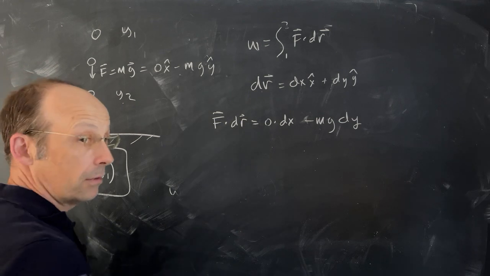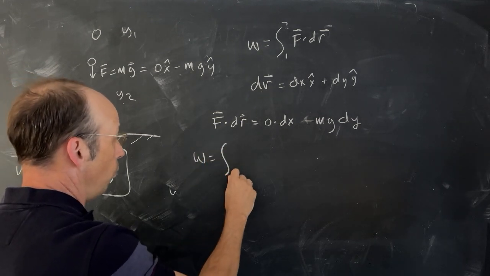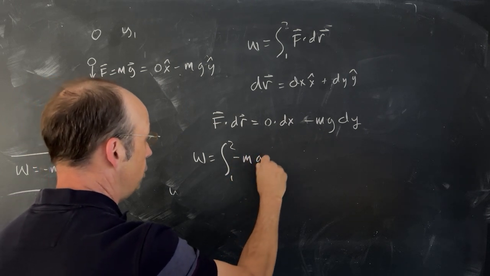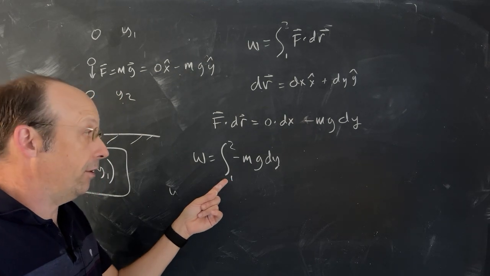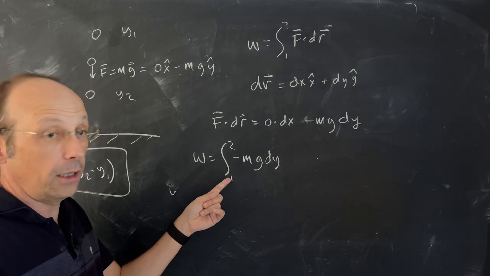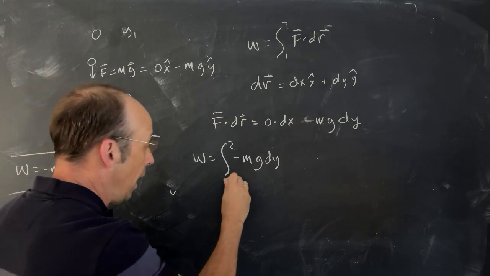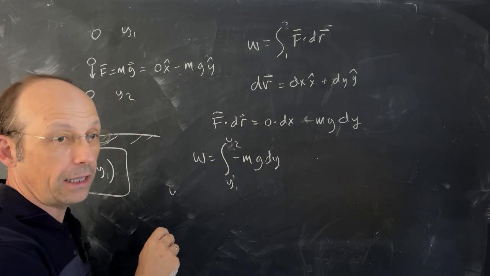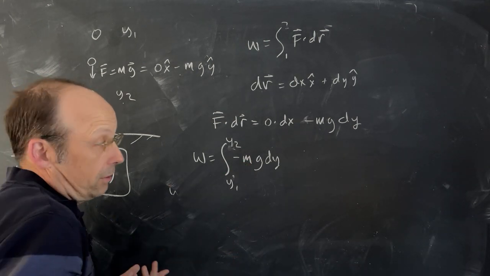And so that's 0. Now I can integrate. Work is the integral from 1 to 2 of negative mg dy. I've been kind of nebulous about these limits of integration, but in this case, we can see we're actually going from y1 to y2. It's going to get more complicated than that later, but that's all I have to do. My integration only depends on y anyway, so it's not that bad.